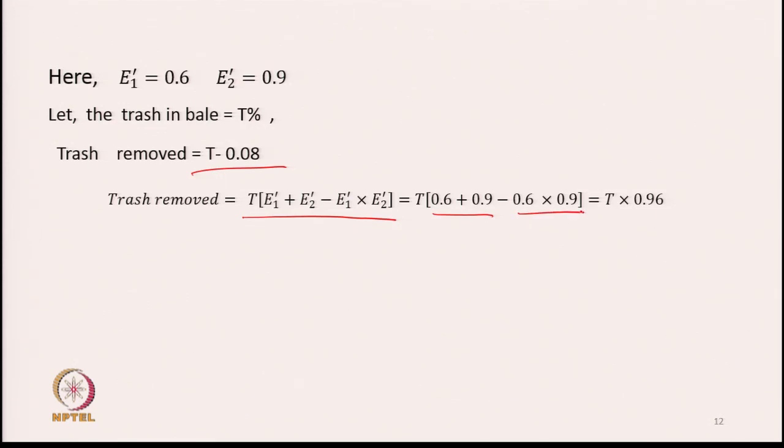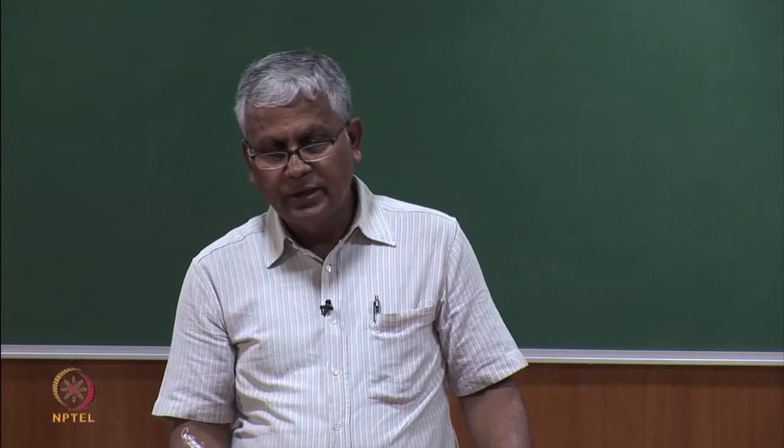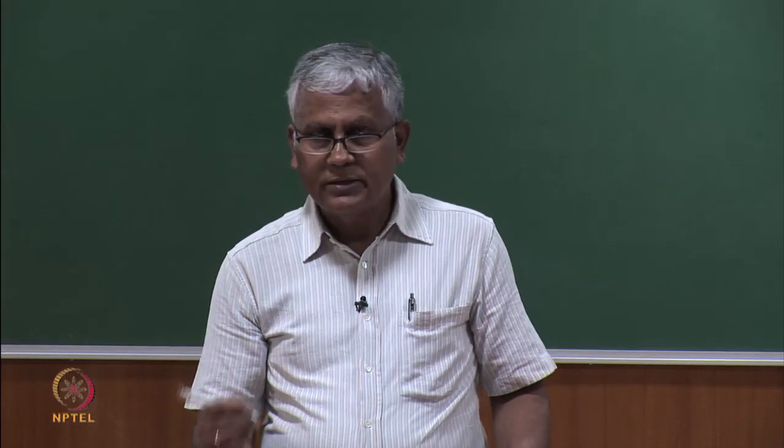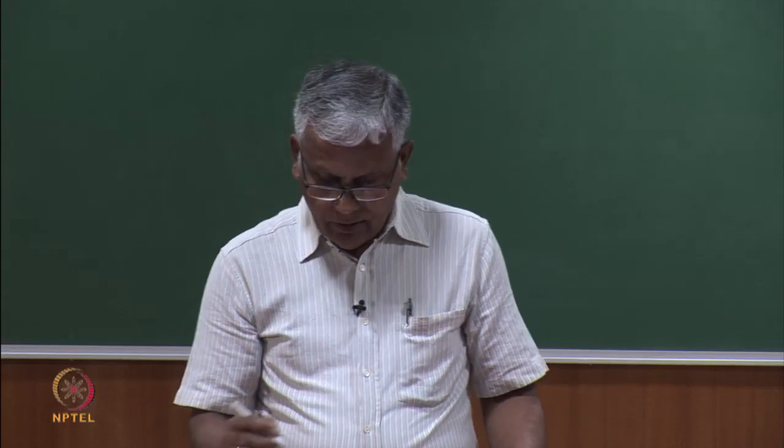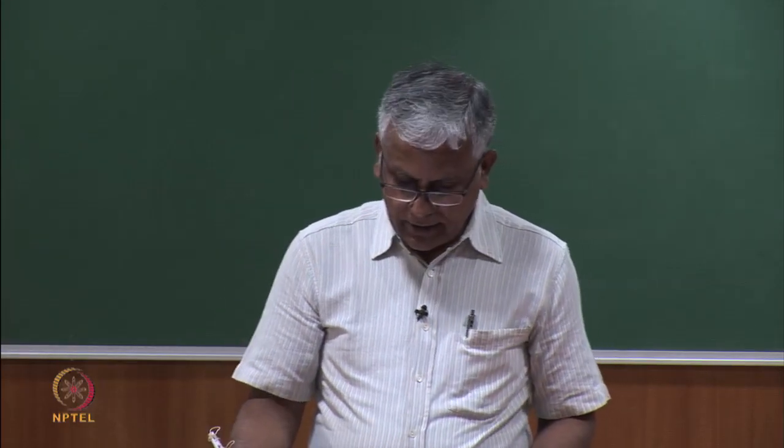If we add 0.6 plus 0.9, I get 1.5, and when you multiply 0.6 and 0.9, we get 0.54. If we subtract these two, we get 0.96, and hence trash removed by the two machines is T into 0.96. Whatever was the trash in the input material, 96% of that has actually been removed. That means it is T into 0.96.